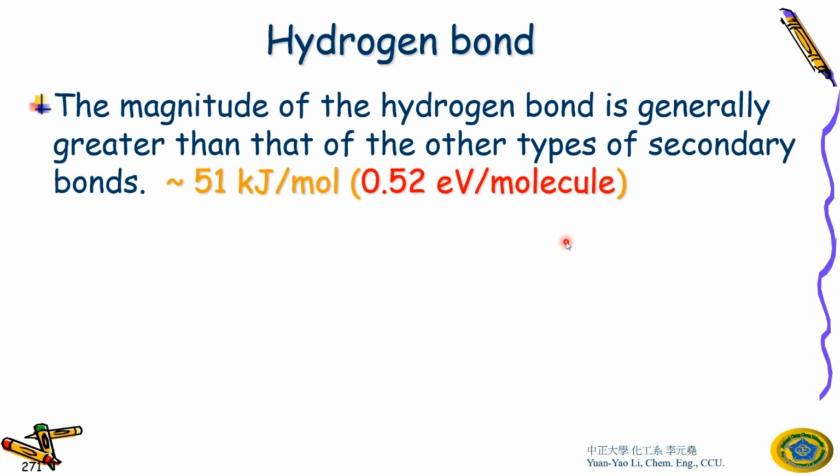I hope you still remember when I told you I want you to get a sense of energy using the unit of electron volt. For example, what's the energy at room temperature? Remember? It's 1 out of 40 electron volts, right? So once you have a hydrogen bond, and we also told you that secondary bonds are related to gas, liquid, and solid.